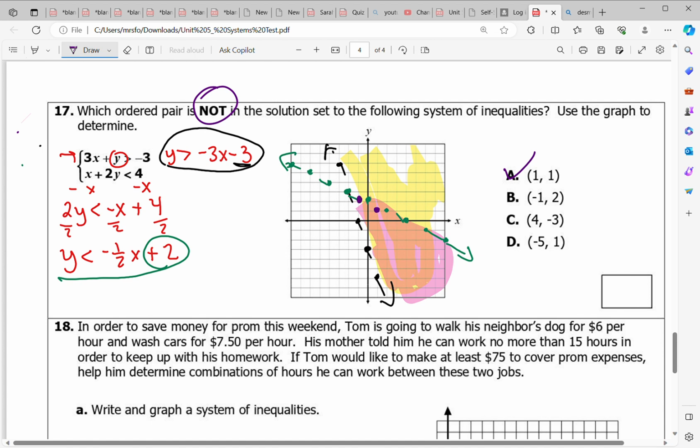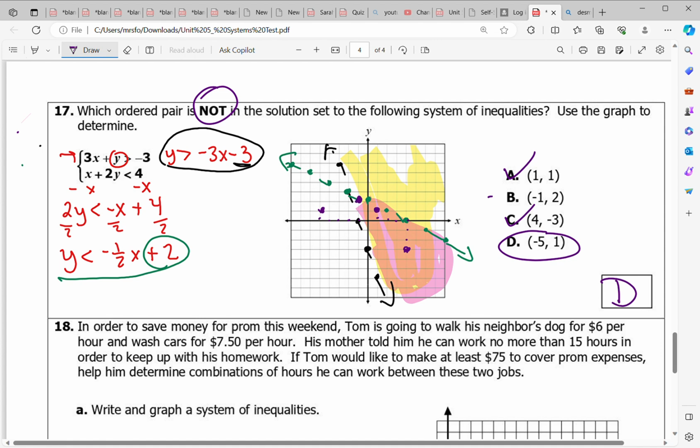It looks like it's on the line, which is dotted, so that might not be it. 4, -3. 1, 2, 3, 4. 1, 2, 3. That's in. -5, 1. 1, 2, 3, 4, 5. Now this one is definitely not in. So we would go with D.